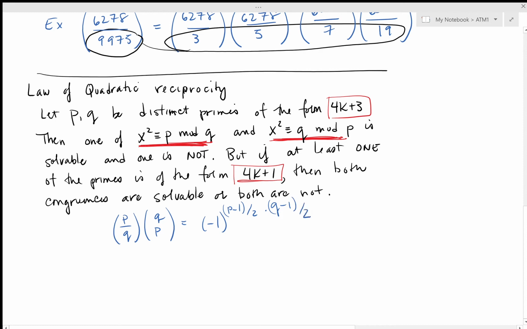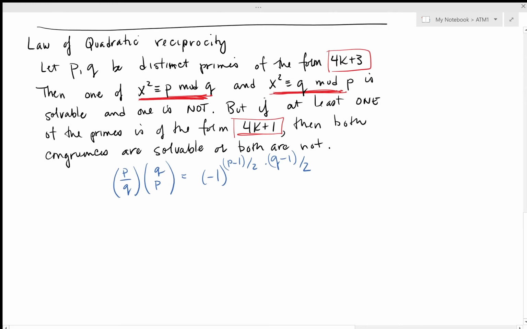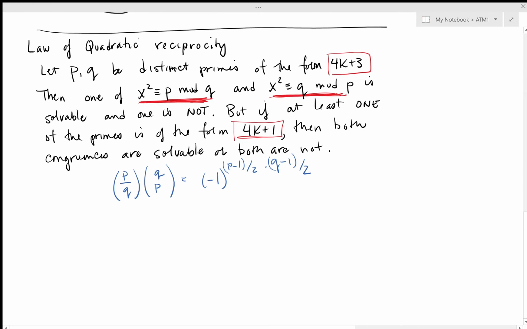Okay, so let us take a look at a couple of examples here, because what we're going to do is use the law of quadratic reciprocity in order to find the Jacobi symbol without factoring. That's our goal here, because factoring is slow. So let us first take a look at the types of primes. Let us just look at the first few small prime numbers.